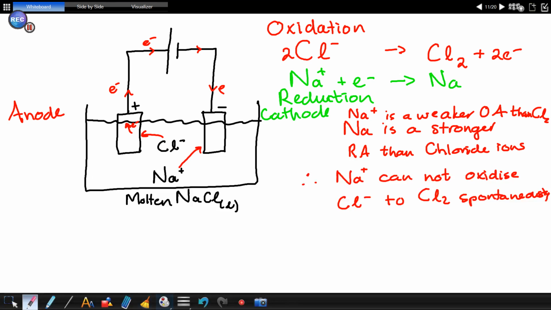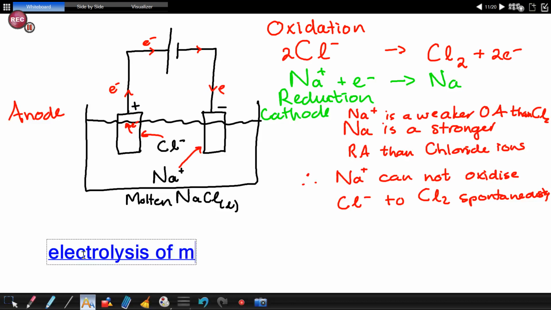So this example is an example where we use the electrolysis of molten sodium chloride.